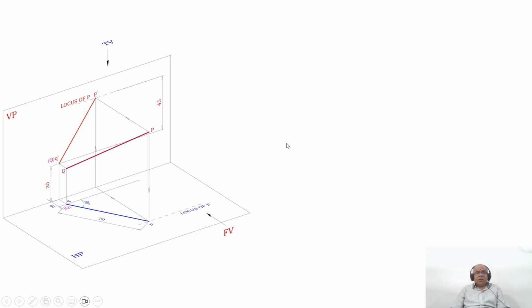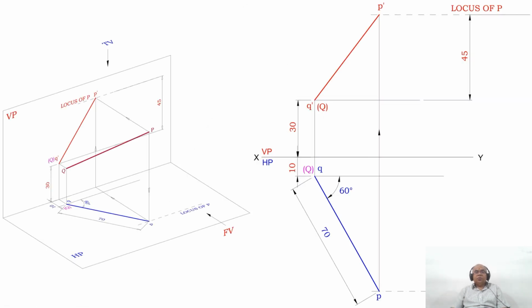Now how to do that here? As we know, this is the horizontal line we got. We have the locus of P in the front view and the locus of P in the top view. So from P you draw a vertical projector such that it catches the locus of P in the front view. You mark this point as P dash and then join P dash Q dash with a dark line. So that is what we have done.